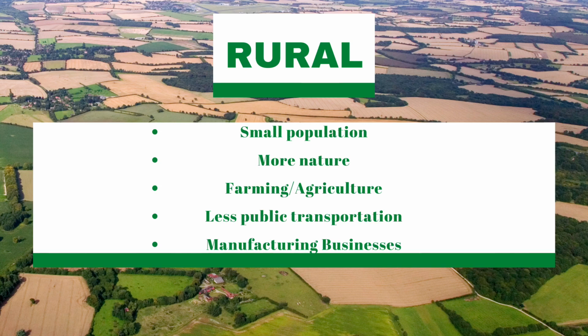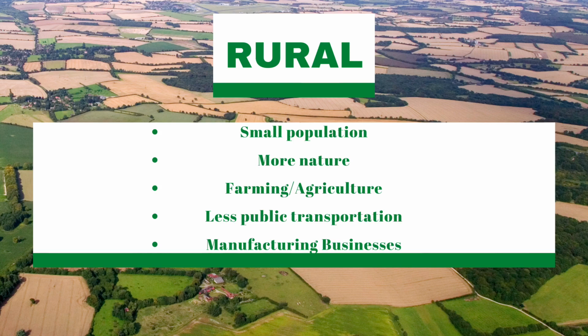There's also lots of farming and agricultural businesses happening in the rural areas because they have lots of farmland. This means that it's easier to grow crops, vegetables, fruits, even livestock such as beef and chicken in rural areas. Rural areas also have a lot less public transportation, even compared to suburban areas.